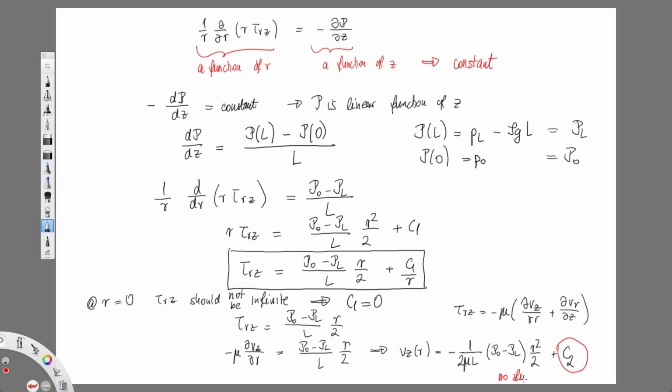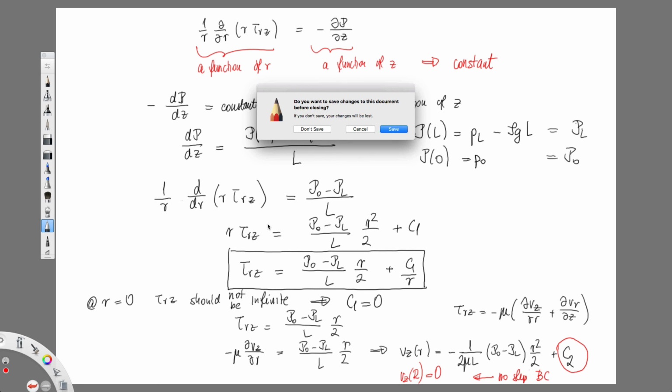The no slip boundary condition will give me C2. So my VZ of uppercase R is equal to 0. When I plug that in, my C2 will be this, just evaluated at uppercase R squared, and positive. So altogether, are we ready? Can we move on?